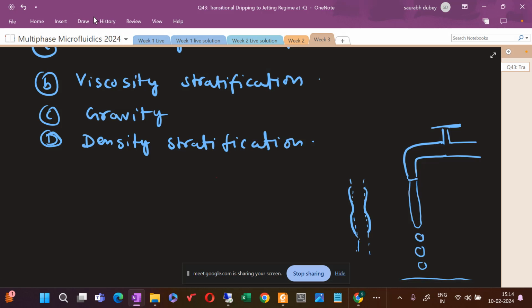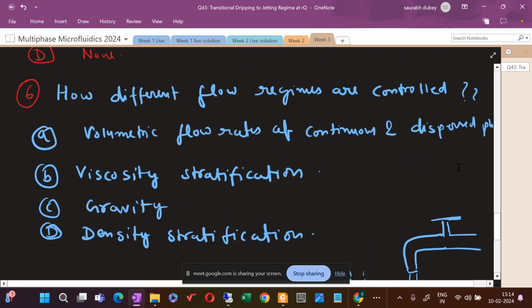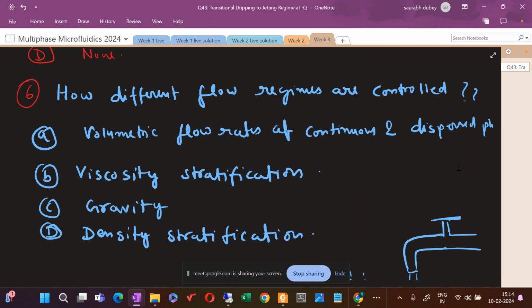So if you see in this particular problem, different flow regimes are controlled by what?